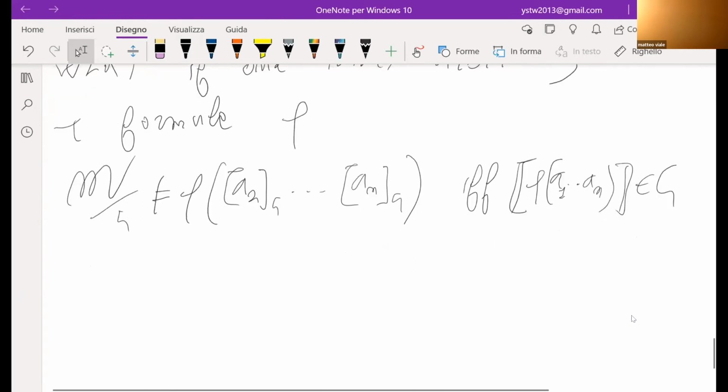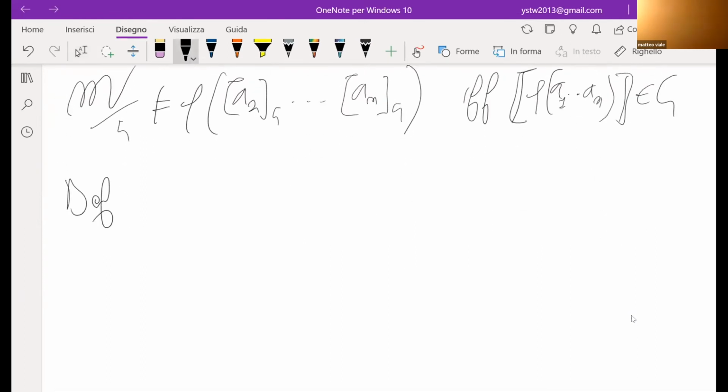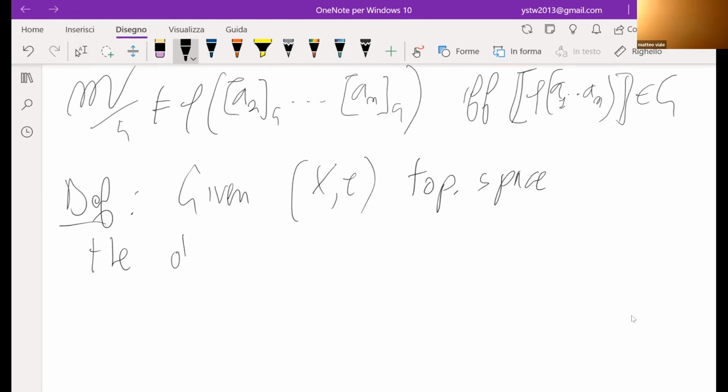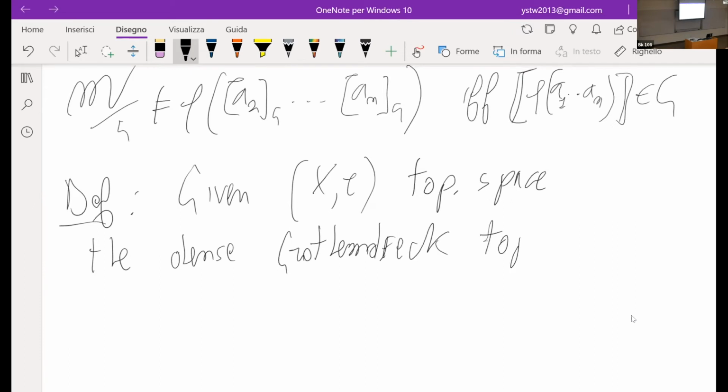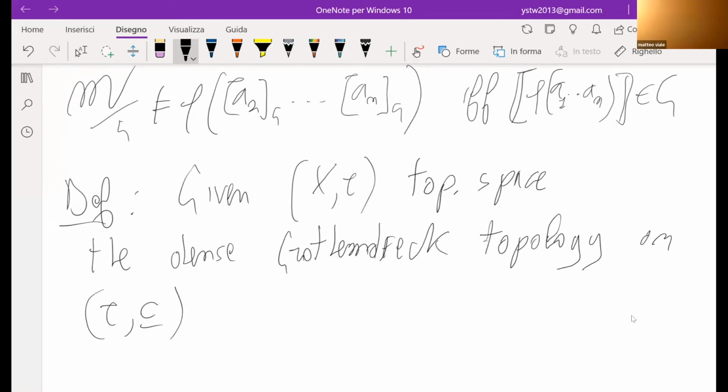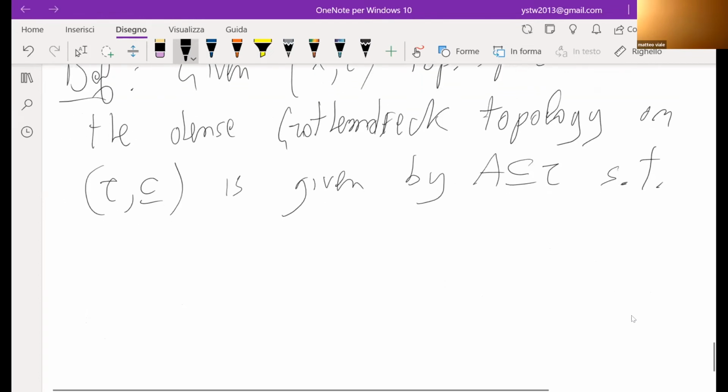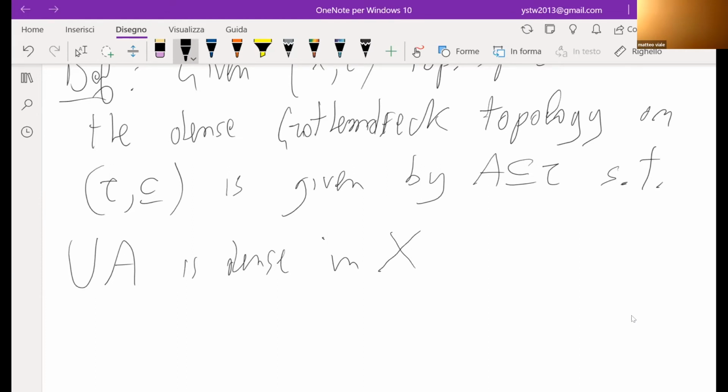Okay, so let me say, definition: given (X, tau) a topological space, the dense Grothendieck topology on tau, seen as a partial order, is given by a subset A of tau such that the union of A is dense in X. So A is a family of open sets.